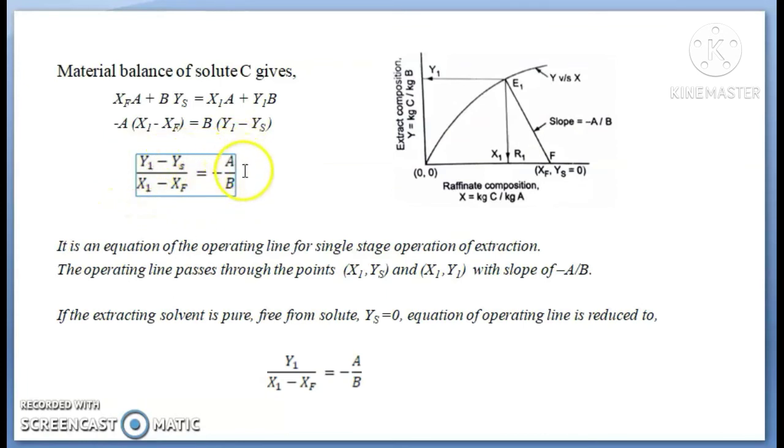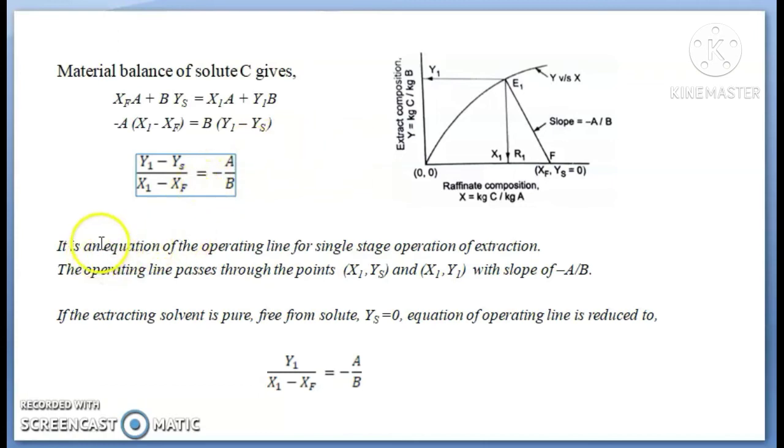If you plot the line on the XY coordinate graph, there is no need to use the equilateral triangular diagram to show the equilibrium characteristics; using only the XY coordinates we can plot the equilibrium characteristics for the system in which the feed solvent and extracting solvent are completely immiscible.